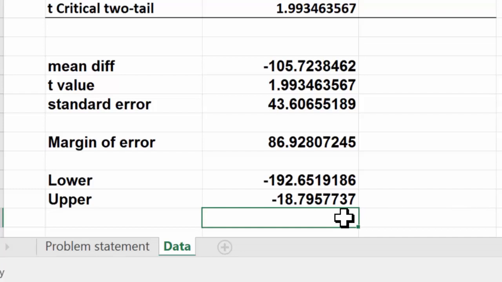Now, as I have said before, that is showing that there is a statistically significant difference between the two. But in practice, that could be as little as $18 difference between the two. So as a manager, you may decide that this is not important to you. It's not enough difference. So statistically significant does not mean that you have found something meaningful at times.